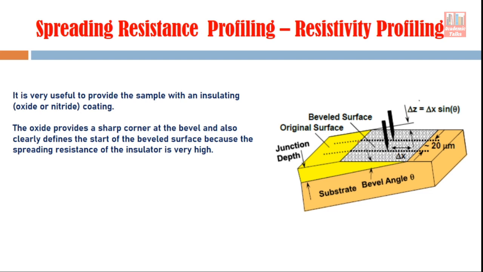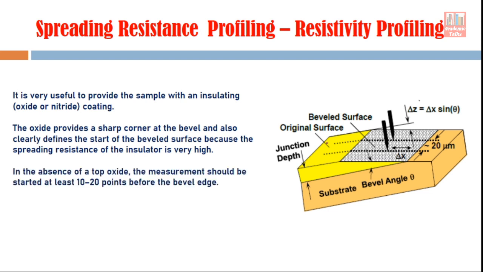Now suppose you don't have this kind of coating, then also there is a solution to the problem. You start the measurement at least 10 to 20 points before this bevel edge. So at all these points you are at the top, the doping is the same, and the resistivity which you are calculating is also the same.